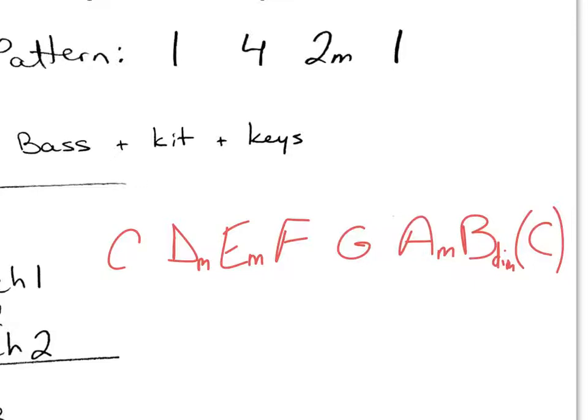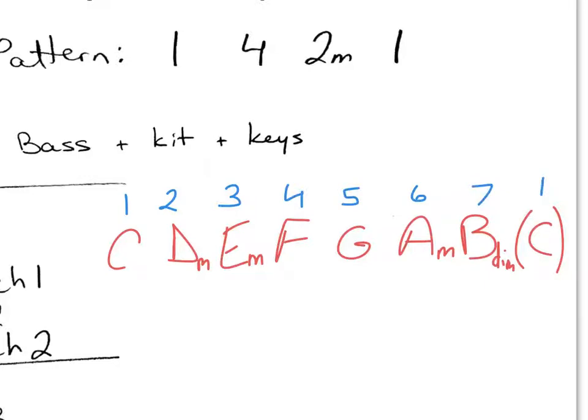The other way to understand these chords is to think of them as the chord built on the first note of the scale, the chord built on the second note of the scale, the chord built on the third note of the scale, and so on. Then when we get to the top, we'd say 1 again.